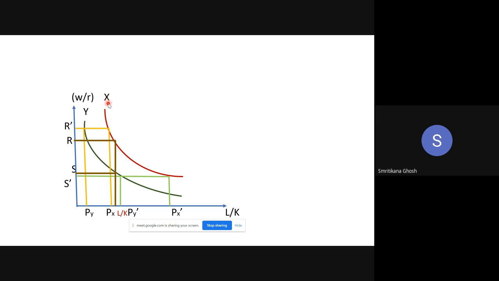So it is using more labor as compared to Y. For each and every W by R, commodity X is using relatively more labor by assumption. That is why that outer red line is representing the X commodity, and this green line is representing the Y commodity.